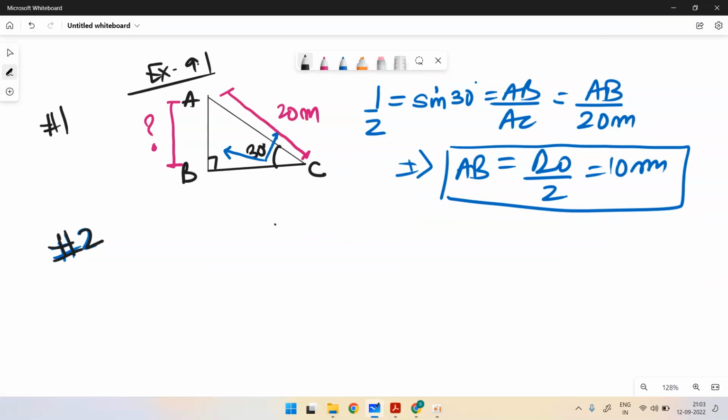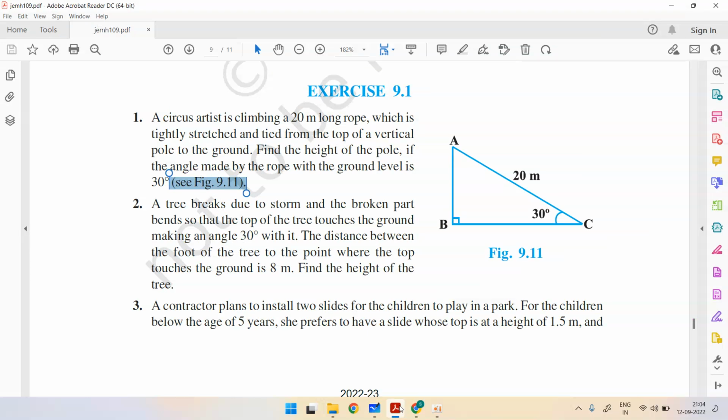So this tree is broken from here, and the top is touching like this. It is given that the angle made is 30 degrees.